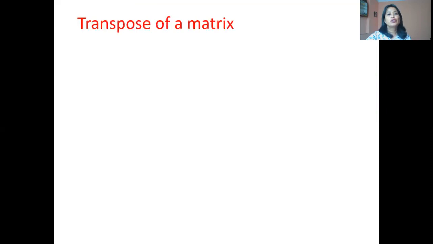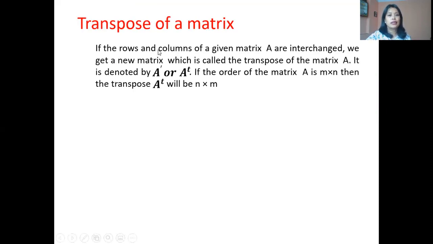Now, we will discuss one more topic of matrix, that is the transpose of a matrix. It says if the rows and columns of a given matrix A are interchanged, we get a new matrix which is called the transpose of matrix A. It is denoted by A dash or A transpose.